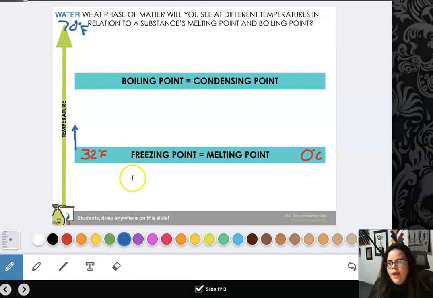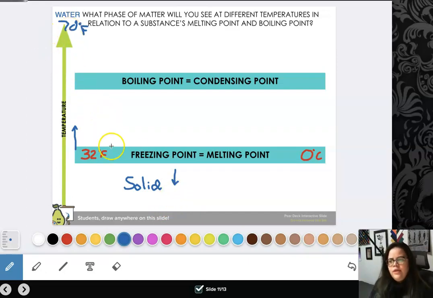And so that means we are at a temperature past our melting point, meaning we are not going to be a solid, because we will only be a solid at temperatures that are less than the freezing point / melting point, okay?